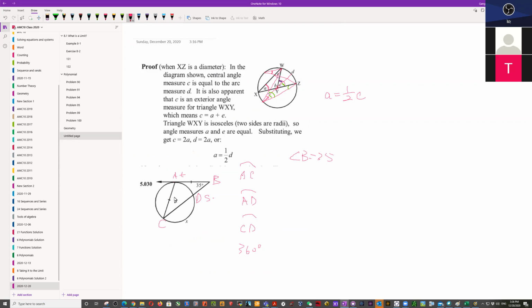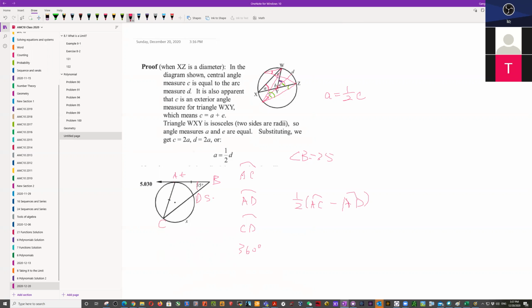Angle B, because it's outside of the circle, is just 1/2 of arc AC minus arc AD. Let me try to find the arc X. So arc X is here.